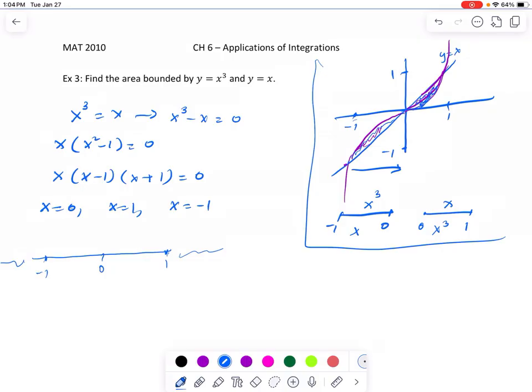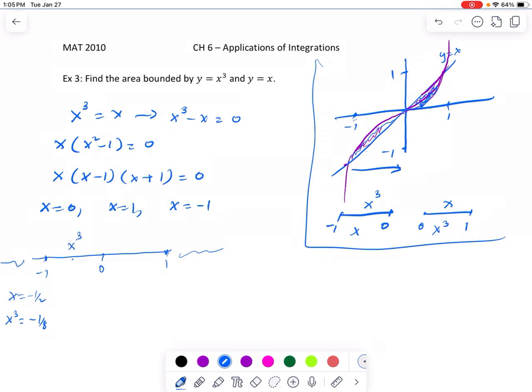So when x is negative 1/2, x will be negative 1/2, and what is x cubed? It will be negative 1/8. So you see, in this case, negative 1/8 is bigger than negative 1/2. So here x cubed will be above and x will be below.